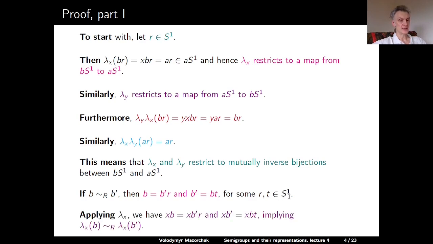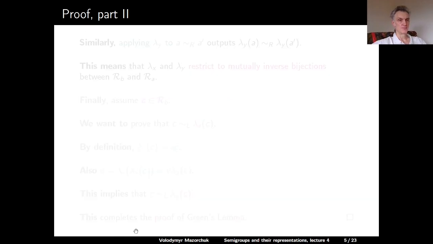If we apply lambda x, we get xb is equal to xb prime r, and xb prime is equal to xbt, which implies that lambda x of b is right equivalent to lambda x of b prime. Similarly, we obtain that applying lambda y to a pair a prime of two right equivalent elements outputs a pair of two right equivalent elements.